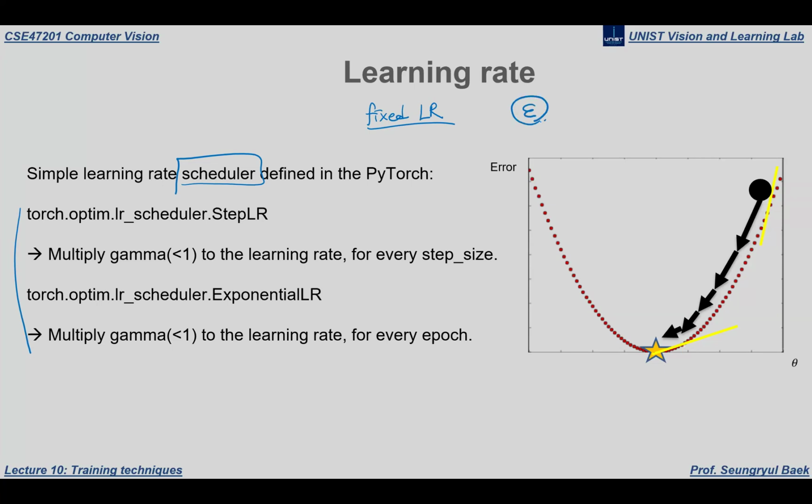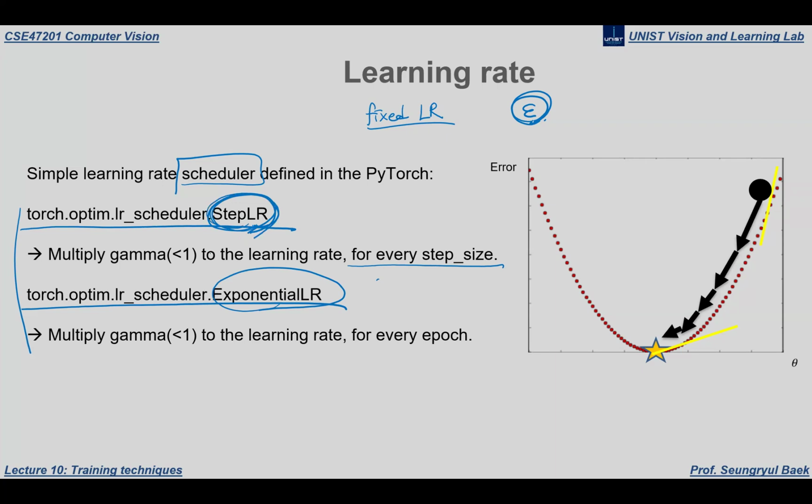But as epochs go, we slightly reduce the epsilon value. There are multiple schedulers already implemented in PyTorch, and they are very simple algorithms. After some iterations, they gradually reduce the learning rate size.